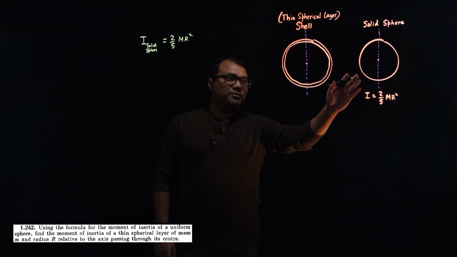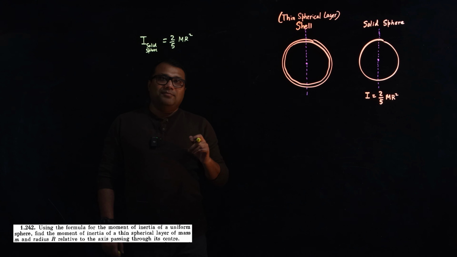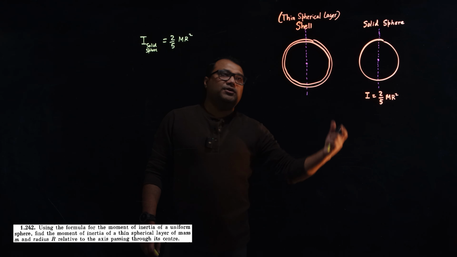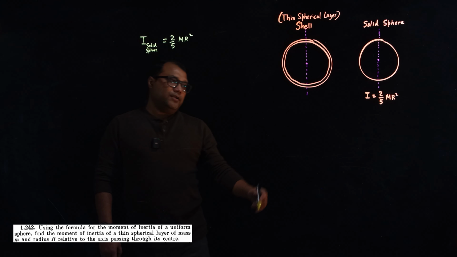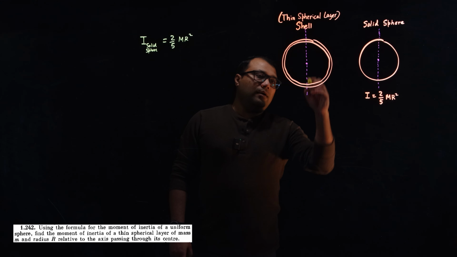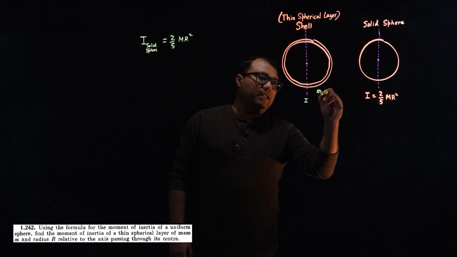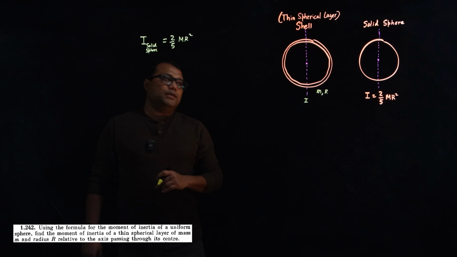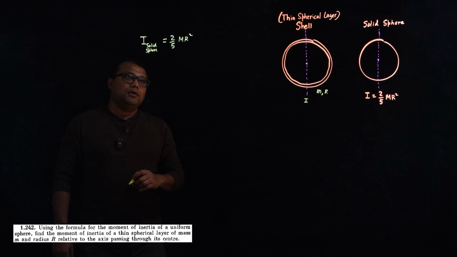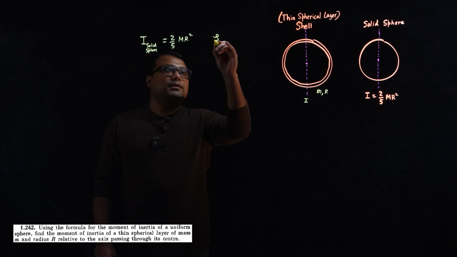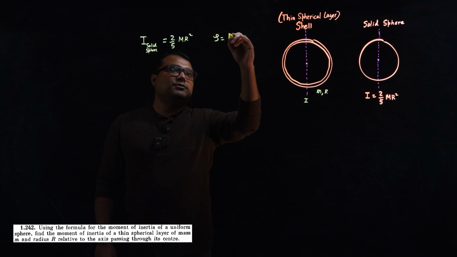That is the property of the material, because mass will change. For a shell, mass will be different. In fact, we have to find the I for this, where its mass is given as small m and radius is capital R. Okay. So, now we know density is mass by volume.